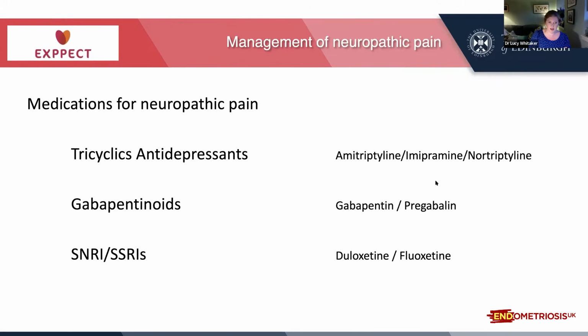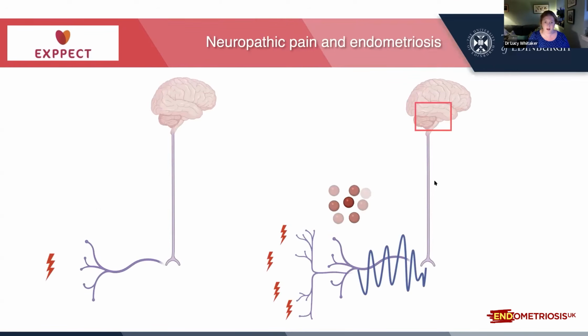It is really complicated. So if we go back to our little pain processing, in endometriosis, not only have we got all these things happening at what we call the peripheral nerve fibers, so the nerve fibers going into the lining of the abdominal cavity, but also we've got changes within the brain. And the pain is initially processed from the spinal cord as it goes into the brain in an area of the brain called the thalamus.